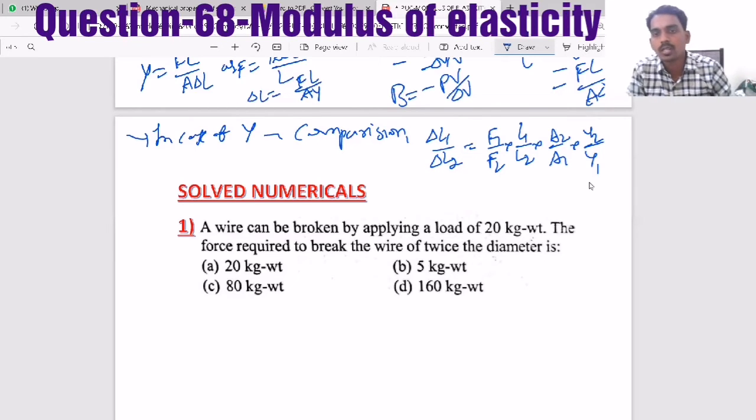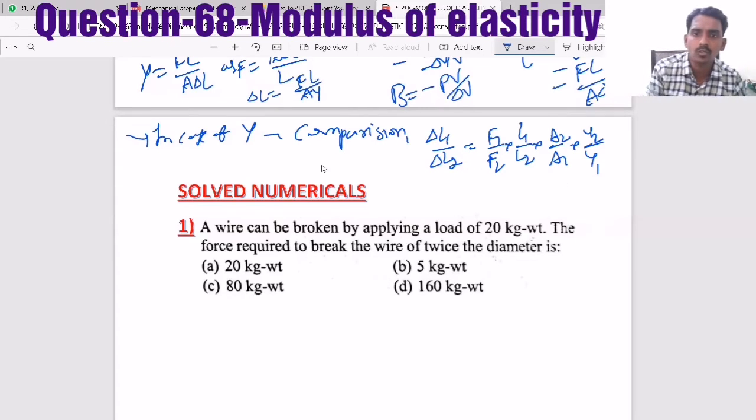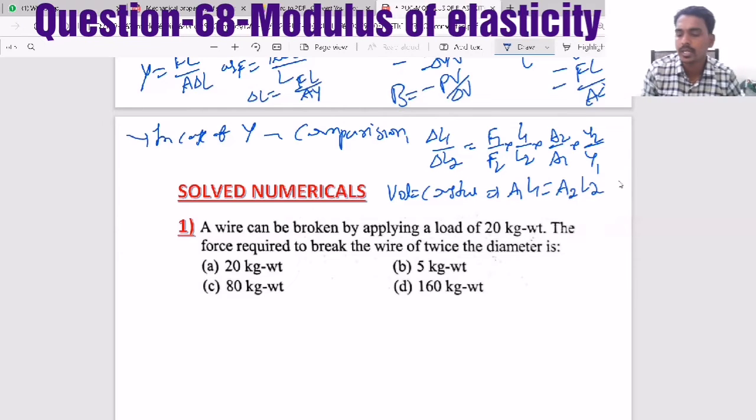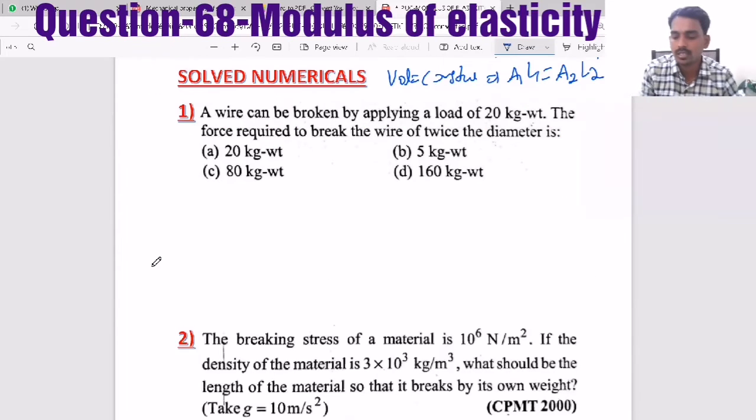They may mention a particular condition like force may be the same, area may be the same, or material may be the same. Depending upon the given question, you have to consider the situation. Sometimes they will also mention volume is the same. So between two wires, volume constant means A1 L1 should be equal to A2 L2. Based on this simple formula, the question can be asked.